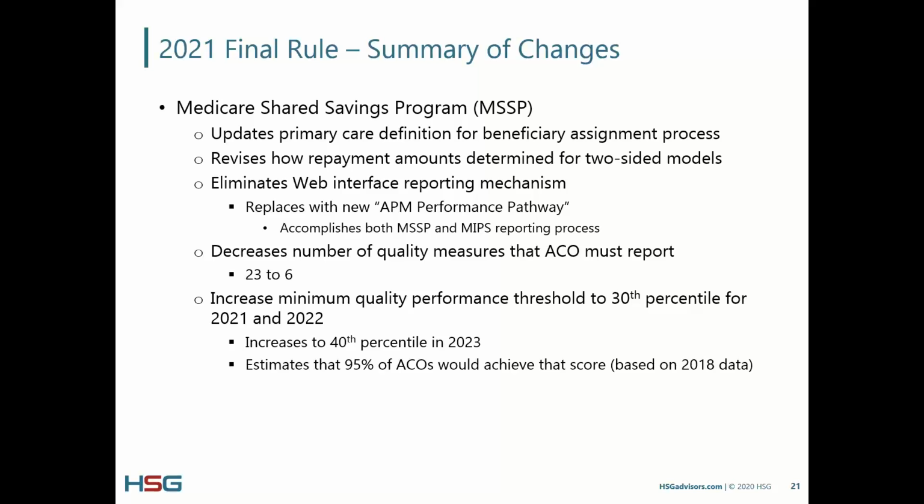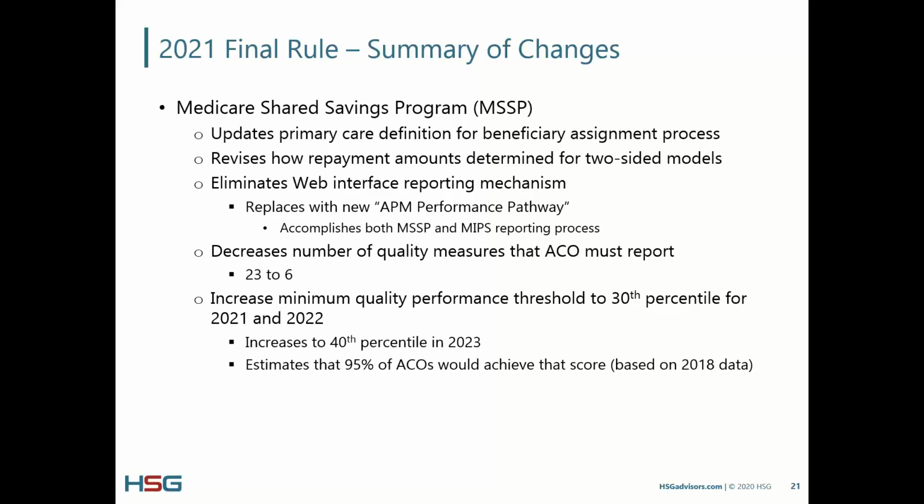And it increased the performance expectation so that with this, the ACO will be expected to perform at a threshold of 30th percentile for 2021 and 22, and then to the 40th in 2023. CMS estimates that 95% of the ACOs would achieve that score based on 2018 data, so it shouldn't be a significant hardship in spite of all the public comments.